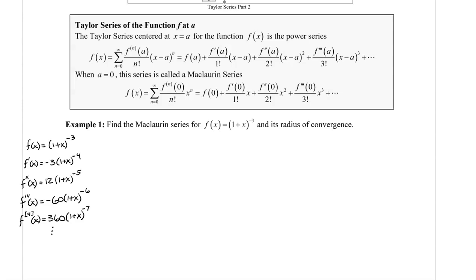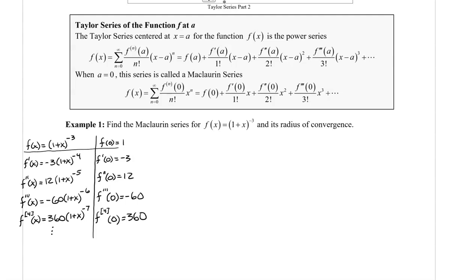Now, because we're dealing with a Maclaurin series, we'll go ahead and evaluate each of these at 0. Now we'll use these values here to build our Maclaurin series.